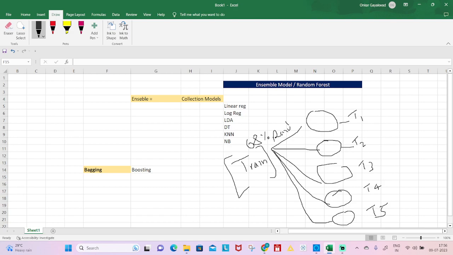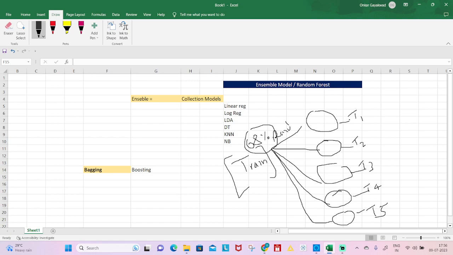And we will get an output for the observations. Since this 68% of the train data is allotted randomly to each decision tree, I can expect a different output from each decision tree.